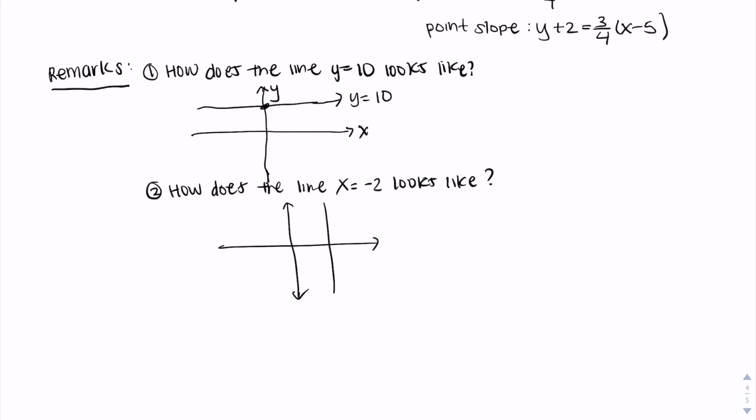It's negative 2, so it'll be right here, negative 2. So it will look like this. So this will be x equals negative 2. So this is a vertical line, and this one is horizontal.